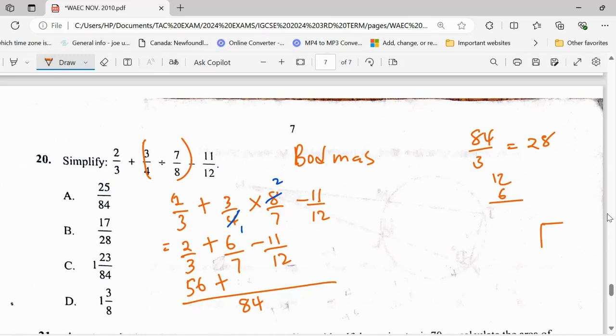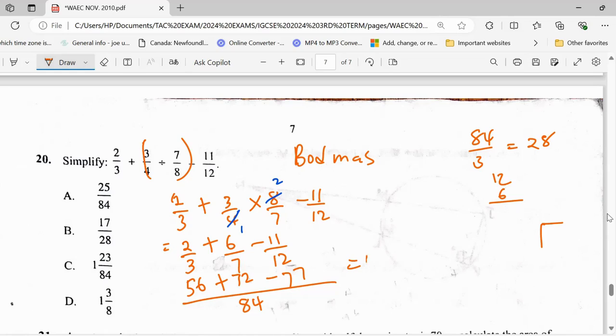And then 12 times 6 is 72. 12 can go in 84 seven times, so you have 77 here. So now if you add 56 plus 72 minus 77, that gives us 51.